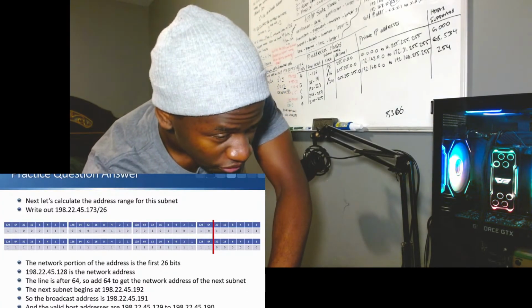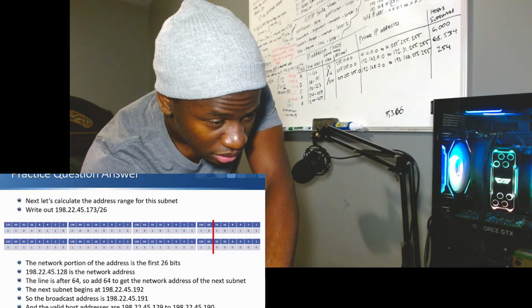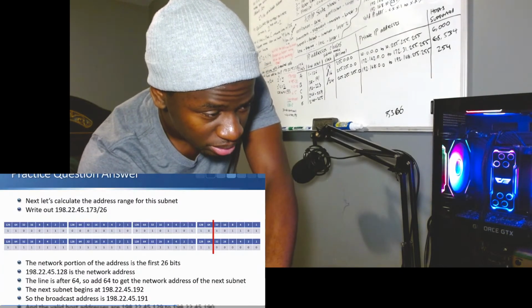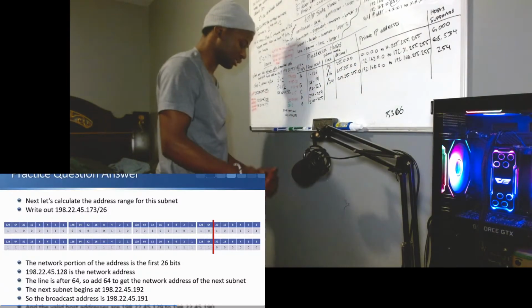The possible host addresses are going to be the addresses that lie between those two numbers.